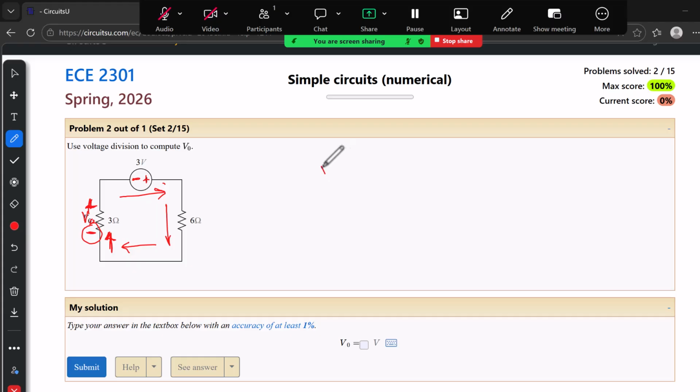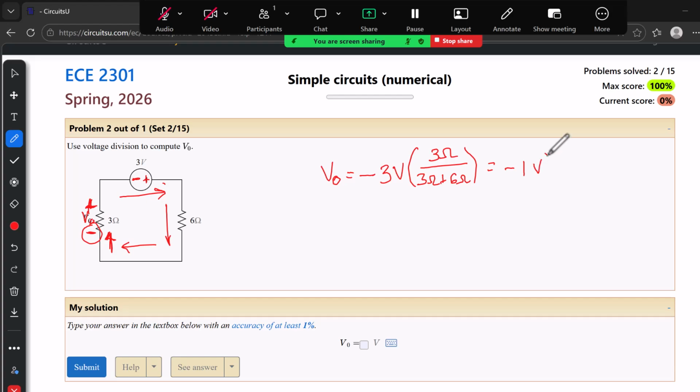So then our voltage V out is going to be minus the voltage, which is 3 volts, times the resistor we want to take the voltage from, 3, over the sum. So it's minus 3 times 3 over 3 plus 6. So it's 3 over 9 times 3, which is equal to negative 1.